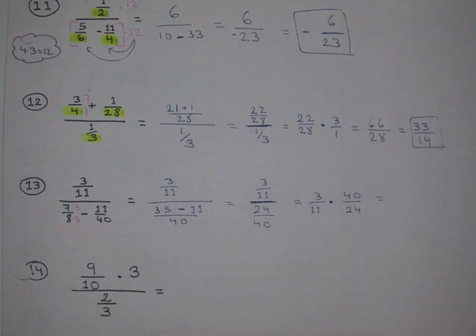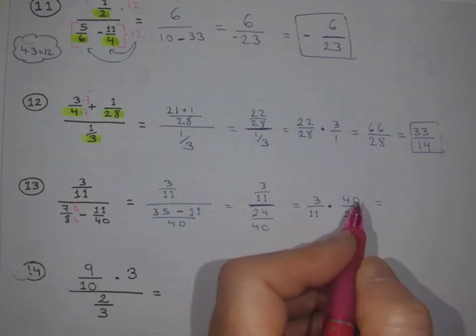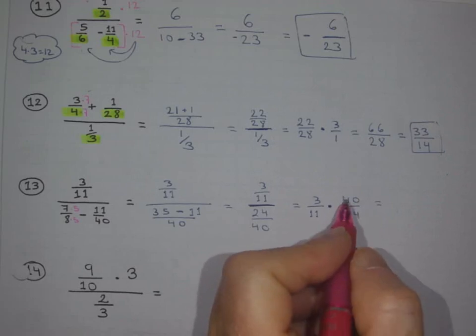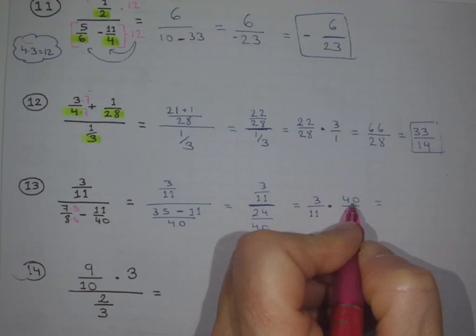At this point I probably could go ahead and simplify. I could have simplified maybe a little earlier, but at this point I sure could simplify. This one can be divided, so this is the same thing as 5 times 8, right?